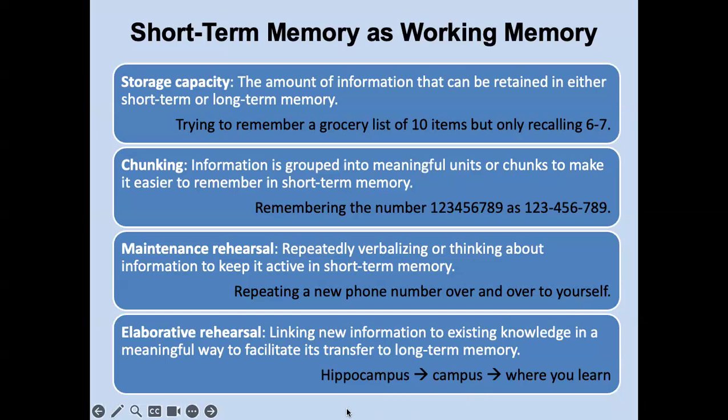And then elaborative rehearsal is a little bit different. You're linking the new information to existing knowledge in a way that is designed to make it easier to remember, right? So let's say you're learning about the hippocampus, and you're trying to remember what it's good for.